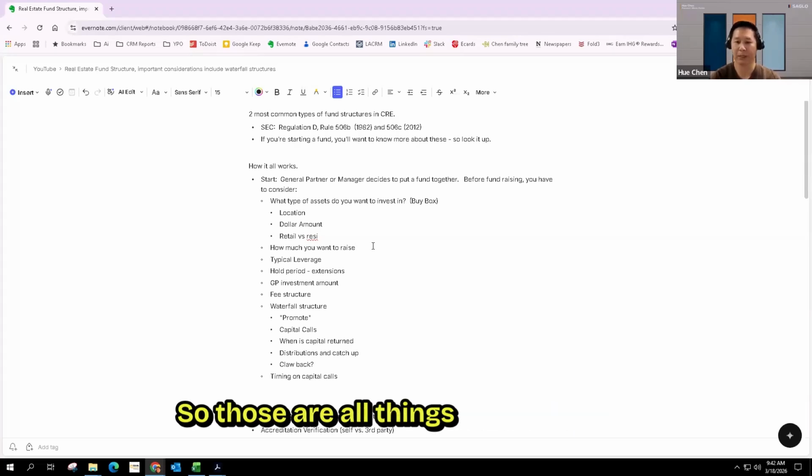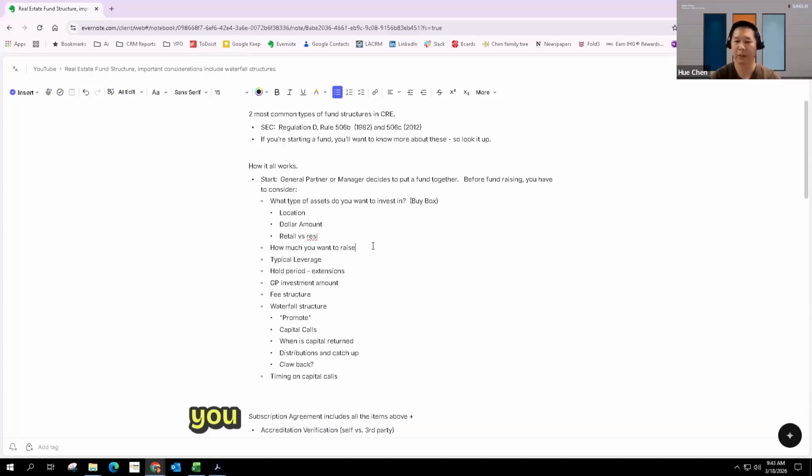Those are all things you have to reserve for. So if you think about the type of assets you want to buy, what you think you can actually buy in the next 2 years, and how much leverage you're putting on, you can reverse engineer and say, okay, I want to raise 20 million or 40 million or $50 million.